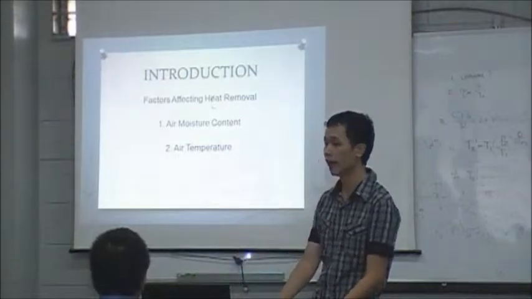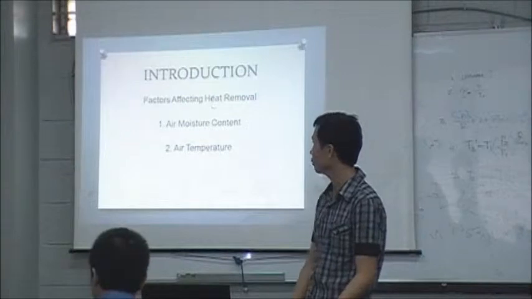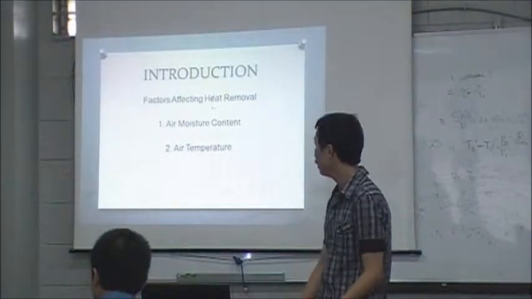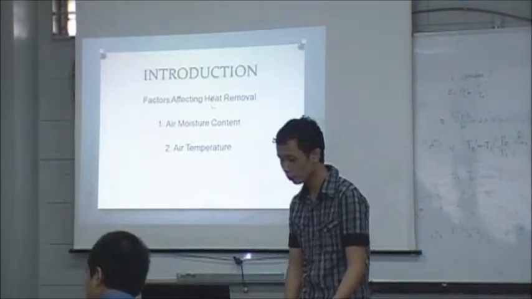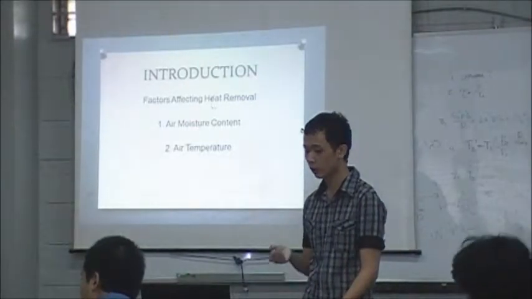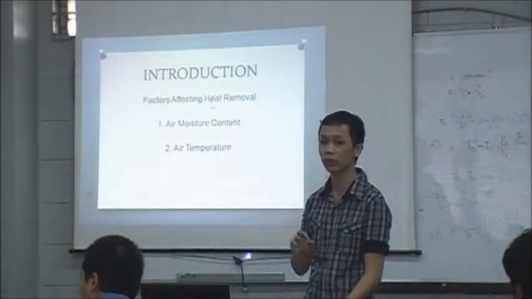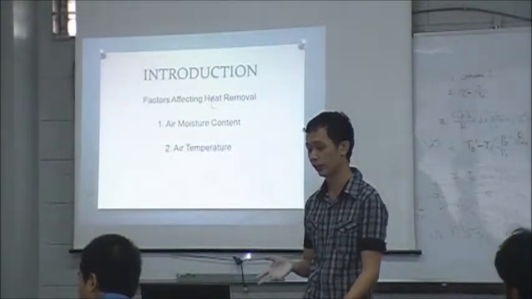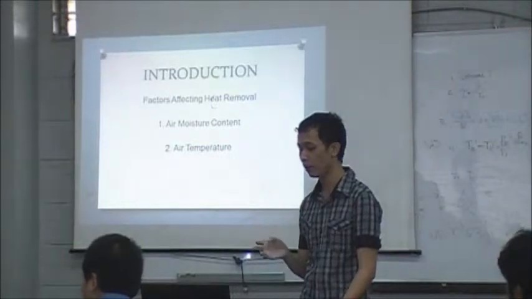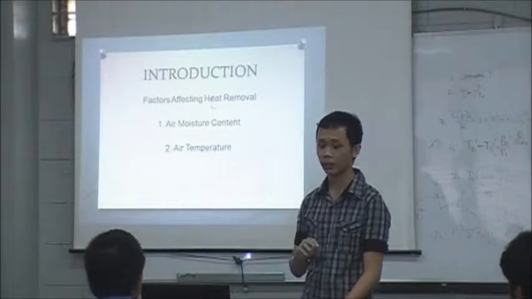Next, what are the factors affecting heat removal? First, we have air moisture content, then we have the air temperature. Moisture, we all know, is the water content of a certain material. So air moisture content means the moisture in the air.